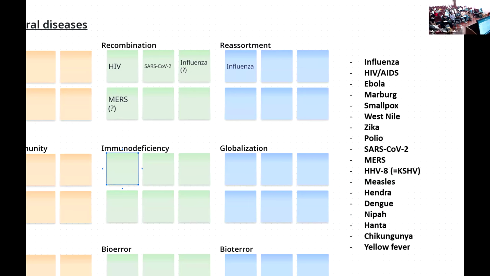So then it's HHV8, because HHV8 is a herpesvirus that usually does not cause severe disease, but it's also called KSHV, which is short for Kaposi sarcoma herpesvirus. So it causes Kaposi sarcoma in immunocompromised individuals, like in AIDS patients, for example.